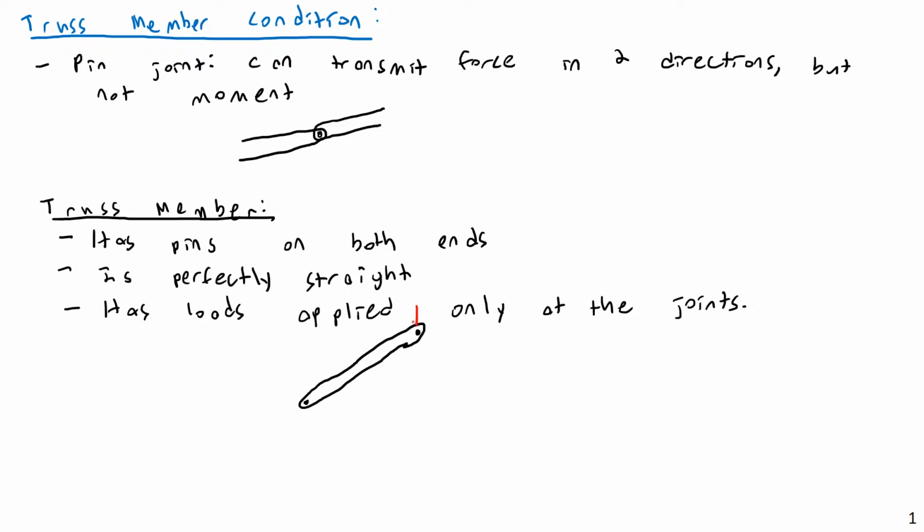So I can apply loads on the joints if I like, but there's not going to be any loads applied in the middle, either point loads or distributed loads. I can apply any loads I like at the joints, and this will stay a truss member, but it has to follow these three assumptions. Again, it has to have pins on both ends, it must be perfectly straight, and has loads applied only at the joints. And if you do this, then you will have a truss member.